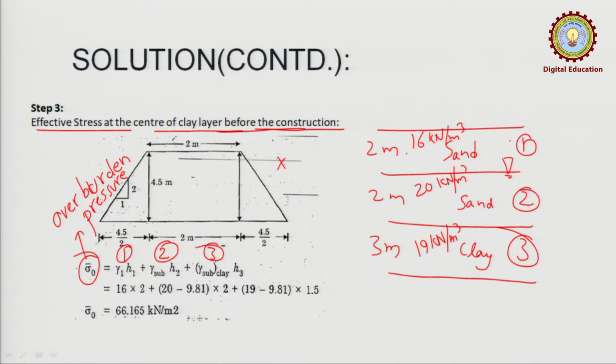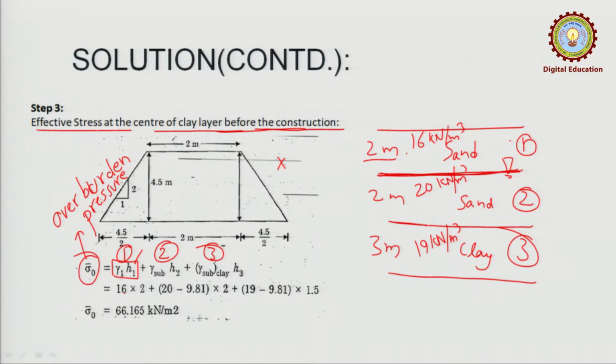Okay. So, for first layer, let us see gamma 1 H1. This is, we can say, stress, okay, at this point. Okay. So, what will it be? H1 is 2 meter, gamma 1 is 16. So, 16 into 2, it will give you 32 at this point.